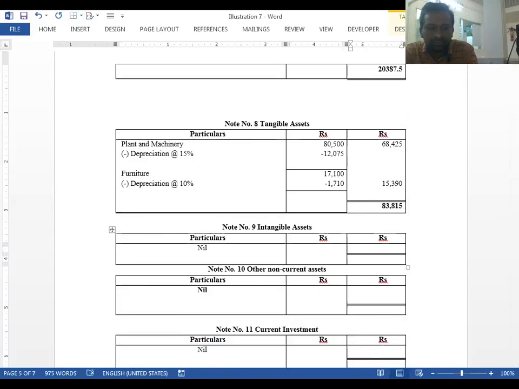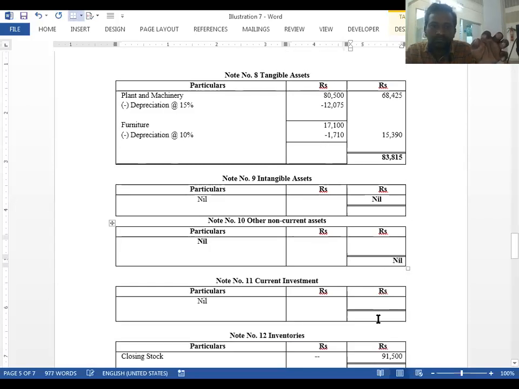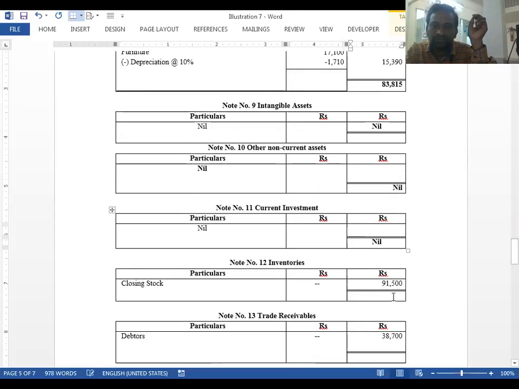Then other non-current asset also nil. Non-current investment also nil.